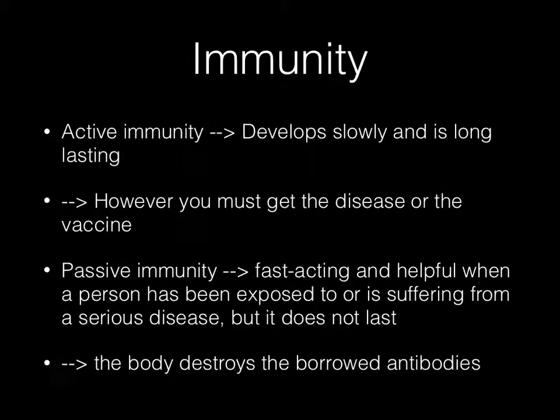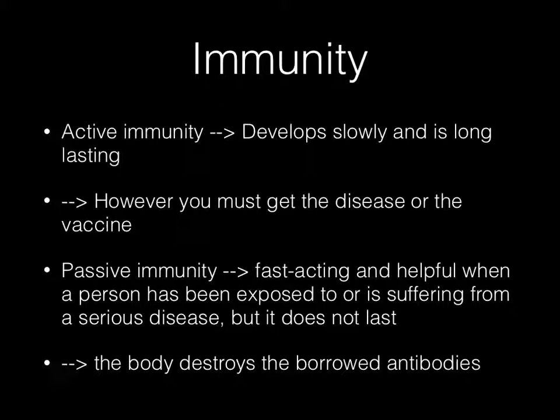Active immunity develops slowly and is long-lasting. However, you must get the disease or a vaccine, whereas passive immunity is fast-acting, helpful when a person has been exposed to or is suffering from a serious disease, but it does not last.